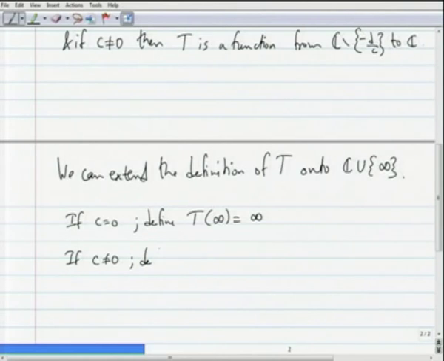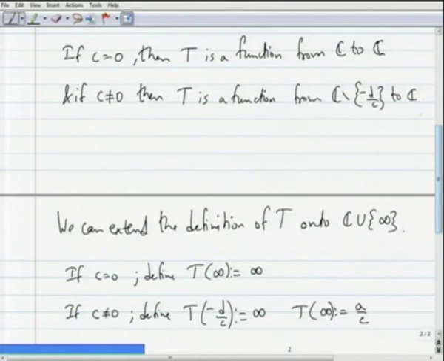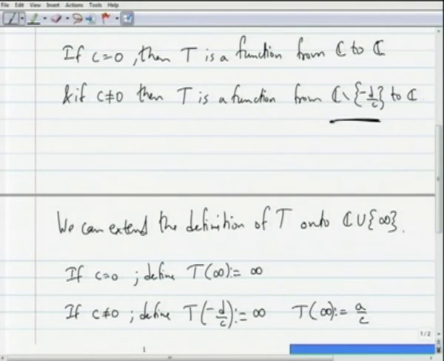Define T of minus d by c, which we omitted earlier, to be infinity, and define T of infinity to be the point a by c. In the earlier case, that point a by c would never have been taken if we restrict ourselves to the domain C minus minus d by c.